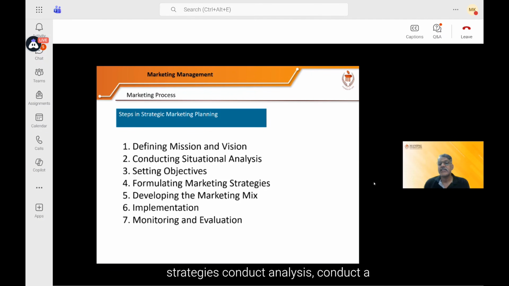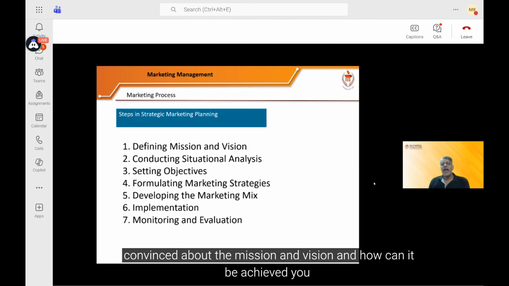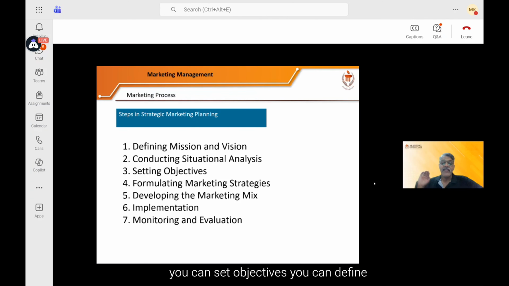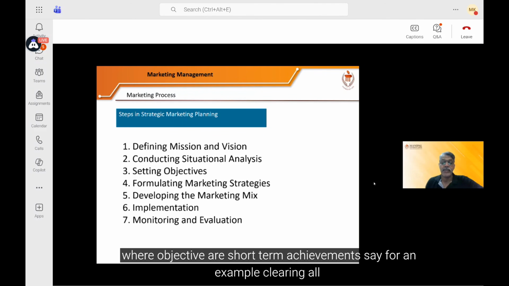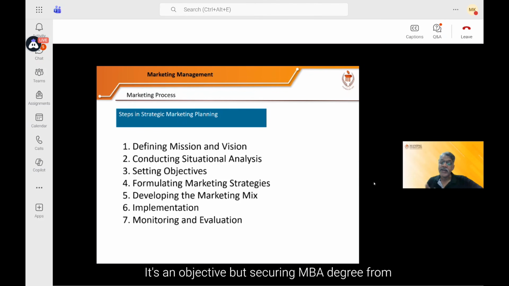Conduct analysis: conduct a survey to find out whether this mission and vision can be achieved. Once you're convinced about the mission and vision and how it can be achieved, you can set objectives. Mission and vision are long-term goals, whereas objectives are short-term achievements. For example, clearing all semester 1 exams is an objective, but securing an MBA degree from Manipal University Jaipur is your mission and vision.